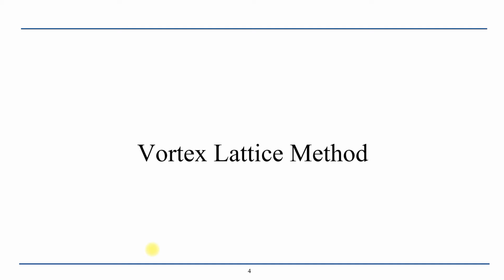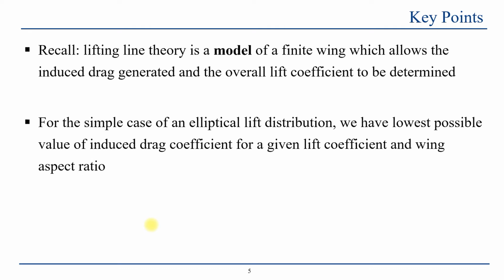Now, let's get into what the vortex lattice method is, or in short, VLM. But before we get to that, we first need to review a simpler model, that is the lifting line theory.